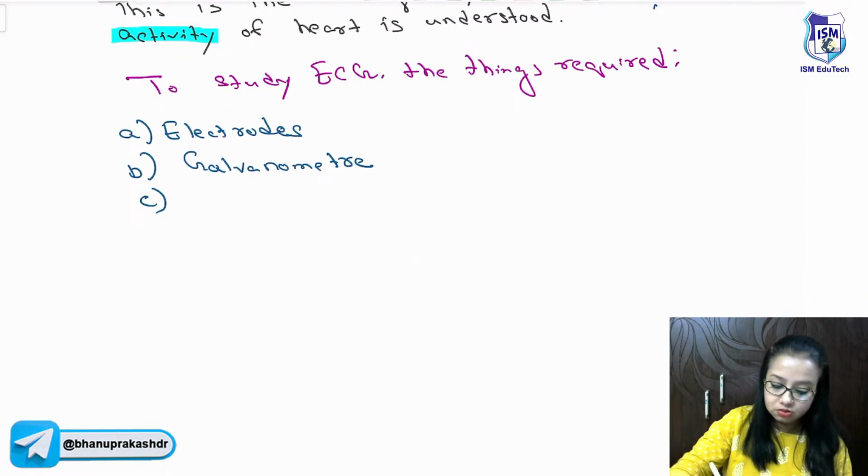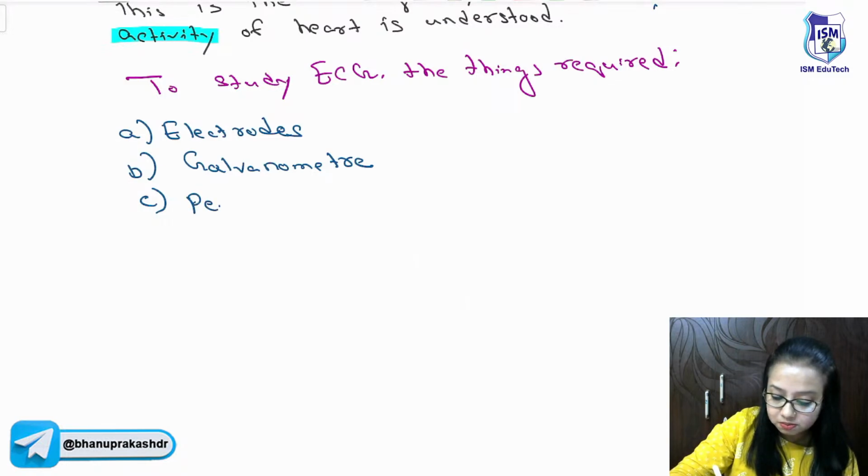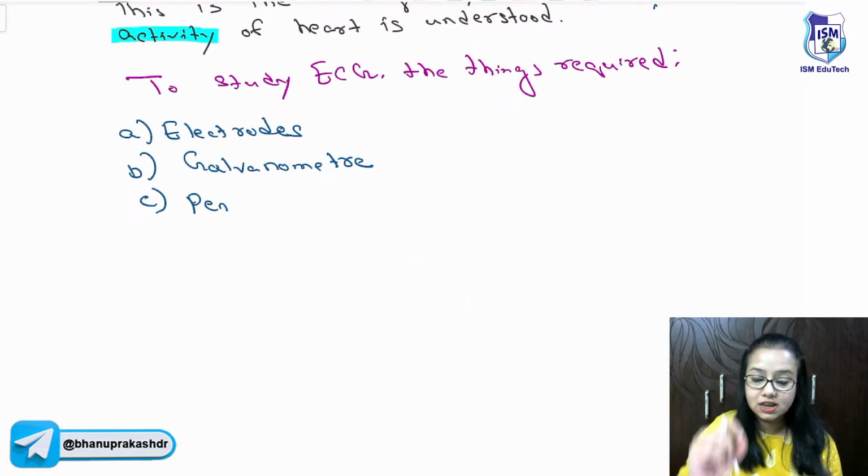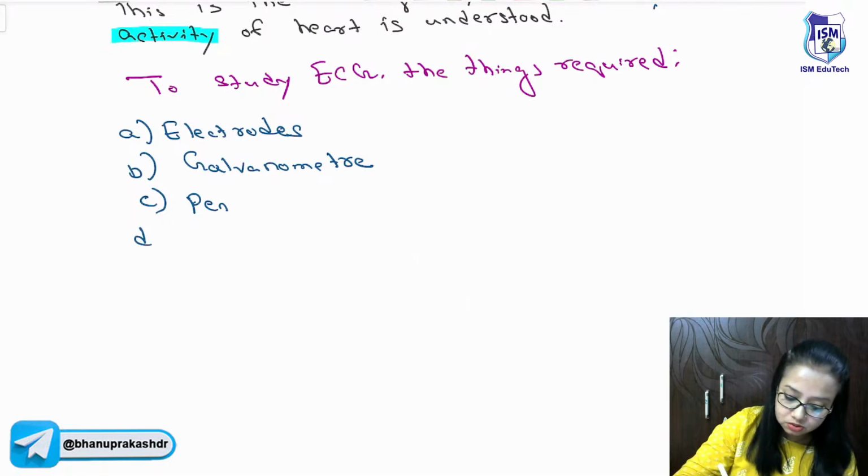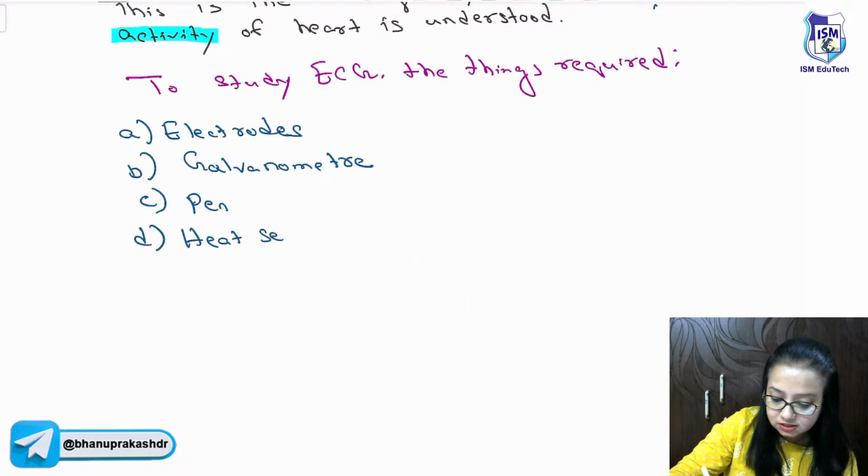Third, we have a pen which has a sharp needle-like point that will sense the electric activity and trace it. Fourth, we need a heat sensitive paper.